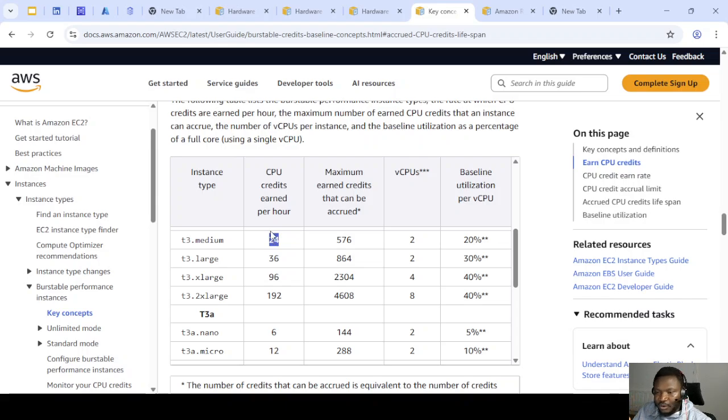Meaning if your RDS instance is running below 20% vCPU for 1 hour, you're going to accumulate 24 CPU credits, and these 24 CPU credits would later on be converted into CPU to boost your performance when your RDS instance needs more capacity.